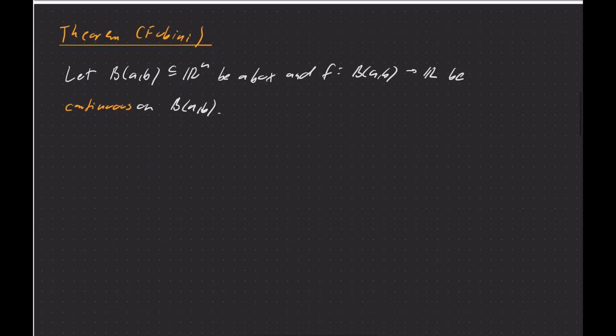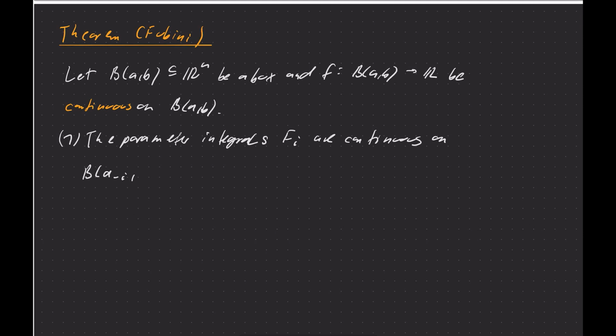And then what that theorem says is two things. First, the parameter integrals, the capital Fi, are then also continuous on their respective domains, which is B A minus i, B minus i, for all i. And that means the result can be integrated again and again.